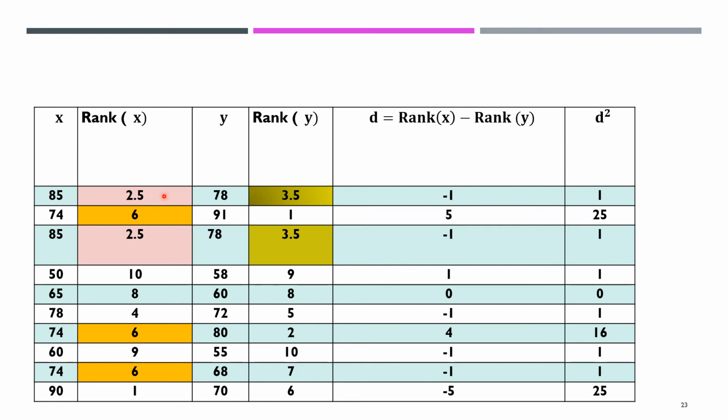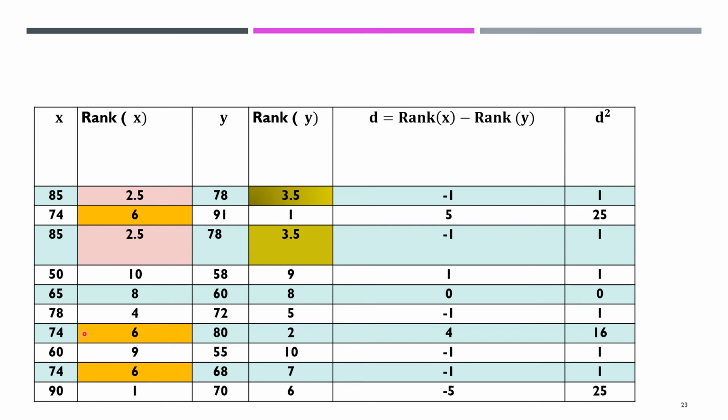So take the average of the ranks 2 and 3, that is 2 plus 3 divided by 2, so 2.5 and 2.5. So 2 and 3 are gone now. The next number is 78, that is given rank 4. After 78, we have 74. But we have 3 numbers now, 74 here also, and here also.